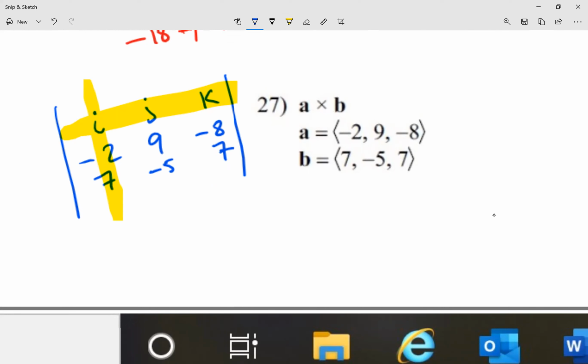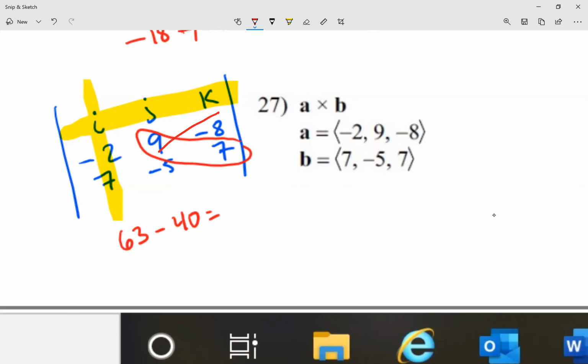Let me cross multiply. So I get 63 minus 40. So remember, 9 times 7, that's what gave me the 63. -8 times -5, that's what gave me the 40. 63 minus 40 is 23. And that's my I value.